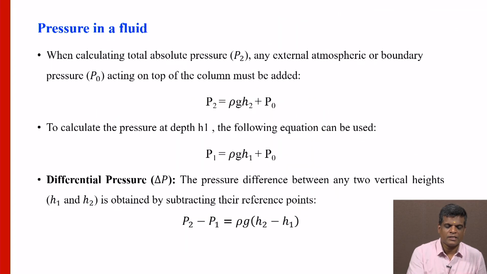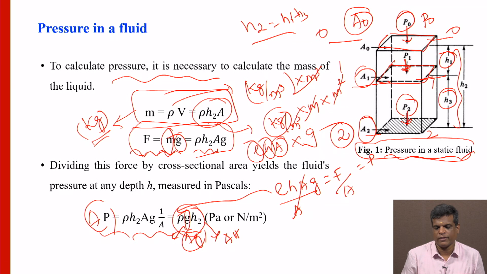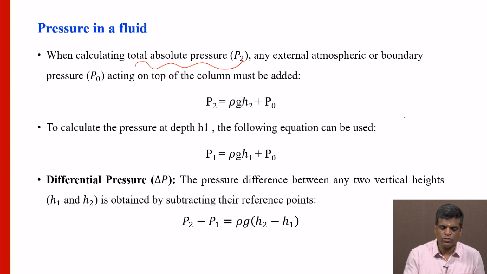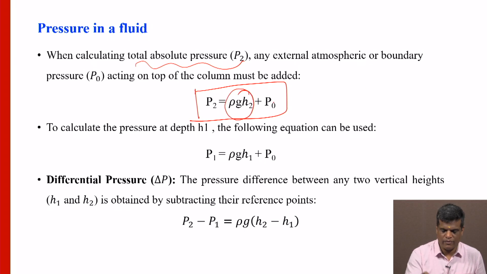Now, from that figure, when you calculate the total absolute pressure P2, where is P2? P2 is here. P2 equals rho G H2 plus P naught, because rho G H2 is what is acting here, and P naught is the initial pressure.